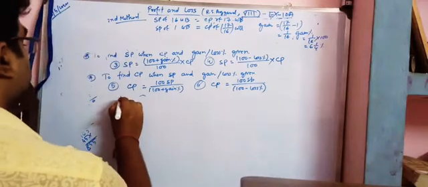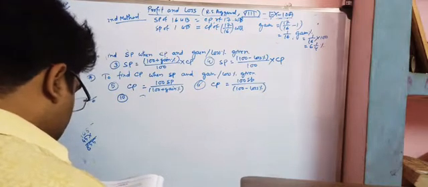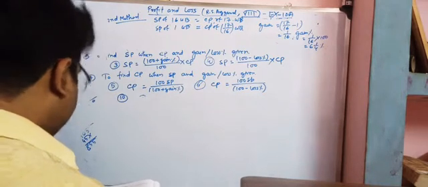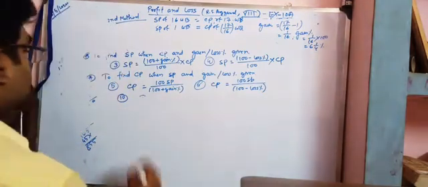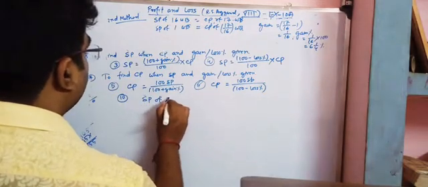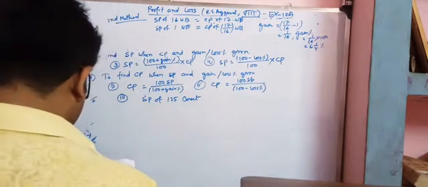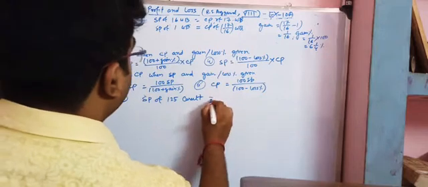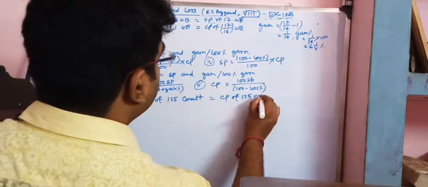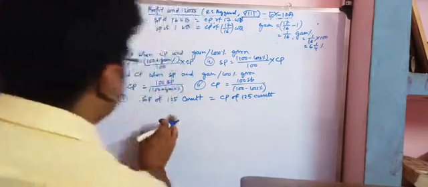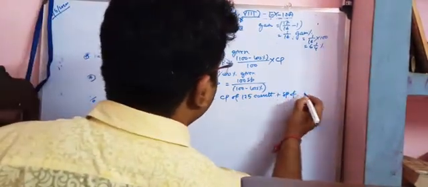Question number 10 is: by selling 125 cassettes, a man gains an amount equal to the selling price of 5 cassettes. Find the gain percent. So from here, SP of 125 cassettes is equal to CP of 125 cassettes plus gain, the sell price of 5 cassettes.